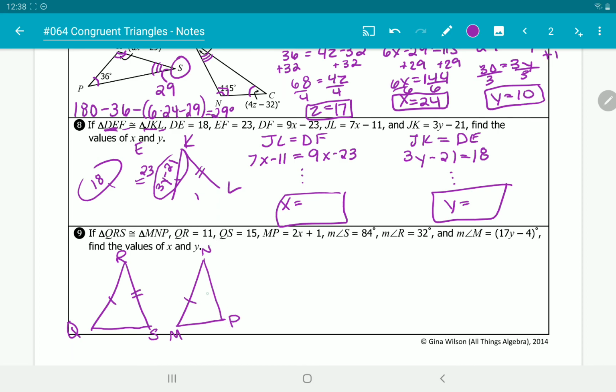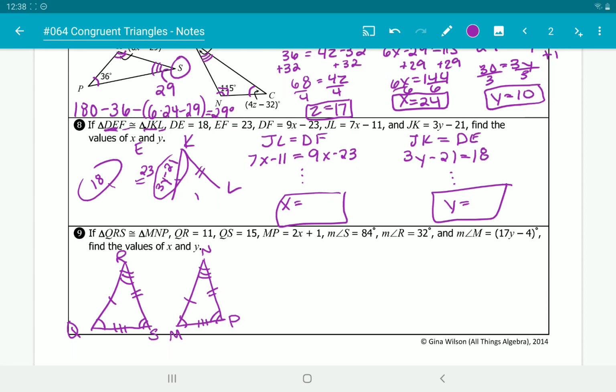So these are the same because of the way it's written. Okay, these are the same, again, because of the way it's written. Go ahead and use these and try and solve for x and y.